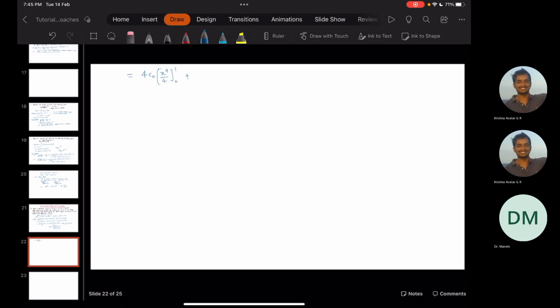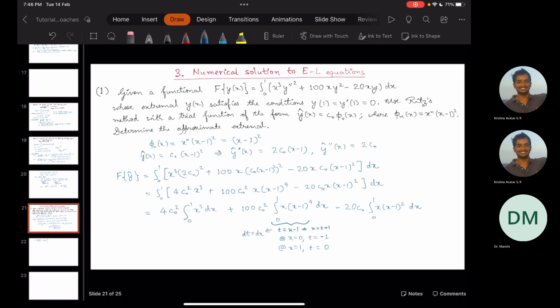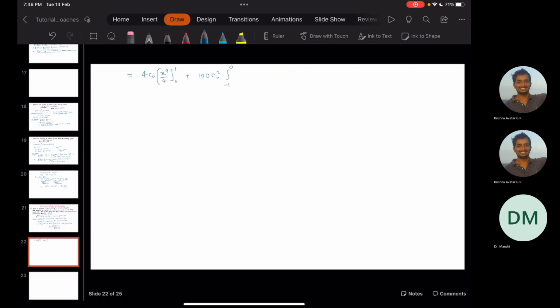Plus, in the second case we have 100 c naught squared, and the integration limits are minus 1 to 0, x is t plus 1, and (x minus 1) to the power 4 is t to the power 4, and this is dt.